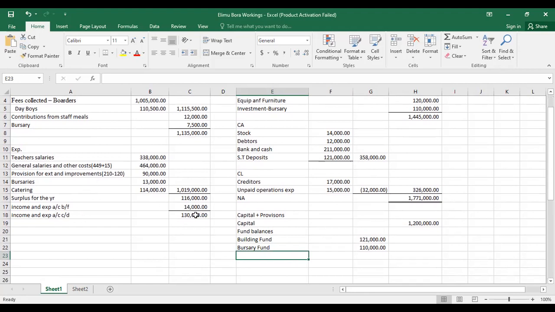So this is a surplus fund for the year. Our surplus fund is 130,000. Let me just call it the balance, the income. But it's a surplus, right? That amount was 130,000.